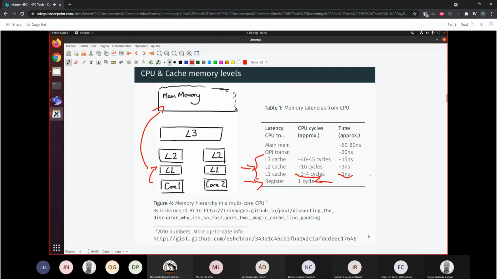When you have to access data in level 2, you have to pay more time because you have to pay 10 cycles, and this is 3 nanoseconds, okay? When you access the level 3 of the cache, you pay even more, and when you access the main memory, you pay much more, okay?